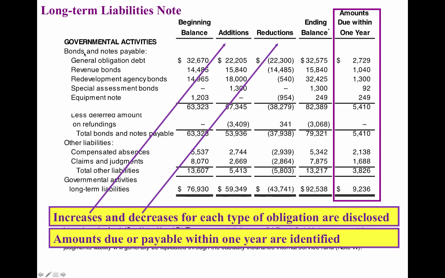Again, I'm showing just the governmental activity section here, but if the business type activities have long-term liabilities, which they typically do, they'd be shown in the note disclosure as well.